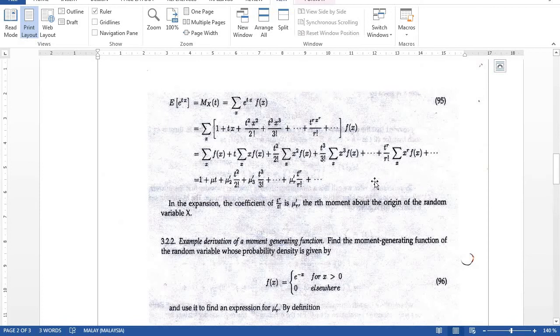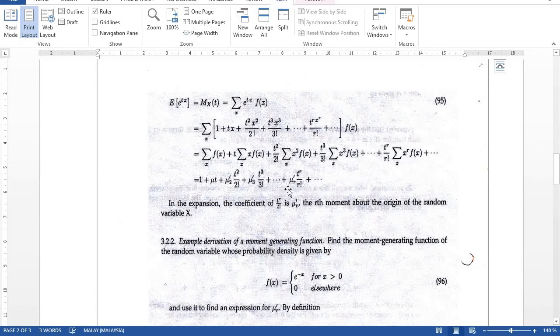So we can utilize this, the meaning of the moment generating function. If the question gives us the moment generating function and asks us to find the first moment, second moment, third moment, we might be able to find the moments. So we already know this is the first, the second, the third, taking this sequence.